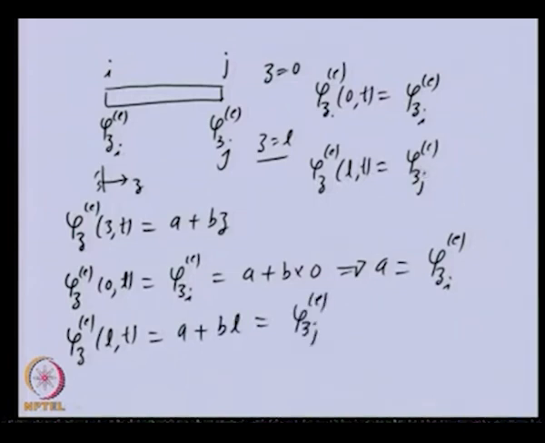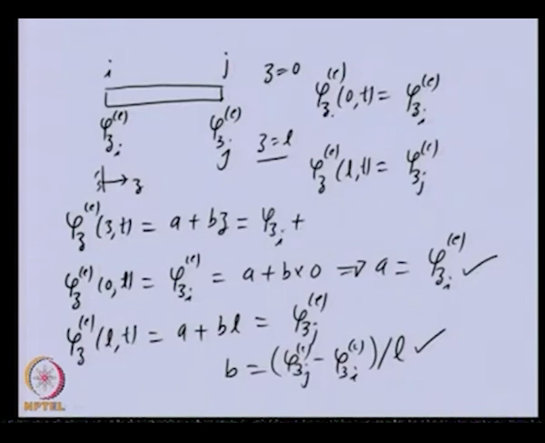We already know A, so B can be written as phi z j minus phi z I for the element, divided by L. So we are able to obtain A and B, and we can substitute them in this equation: phi z I plus phi z j minus phi z I, divided by L, and z is here.